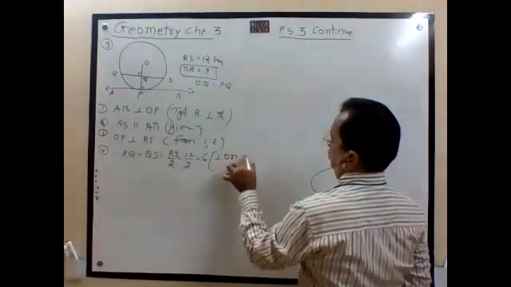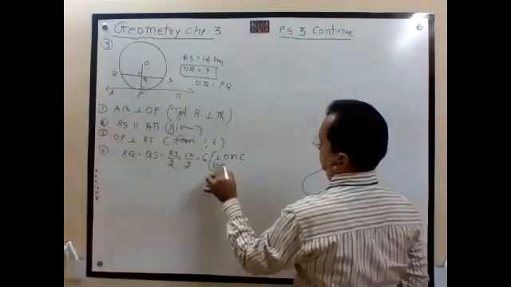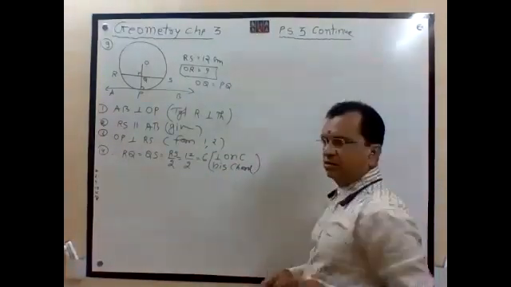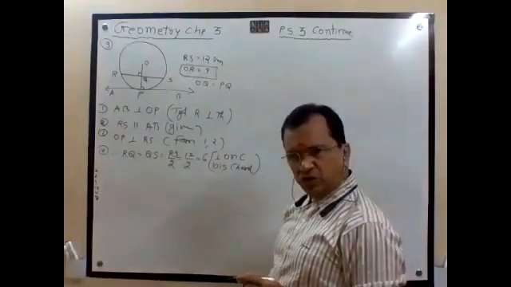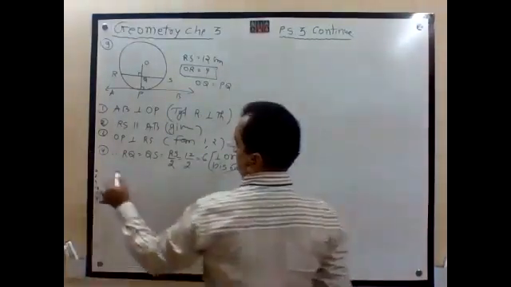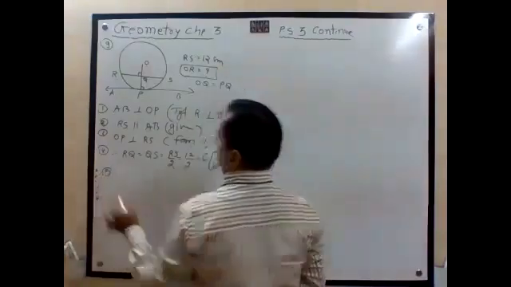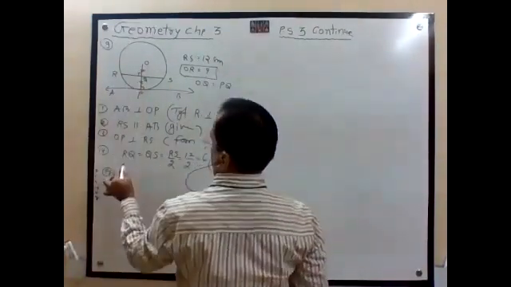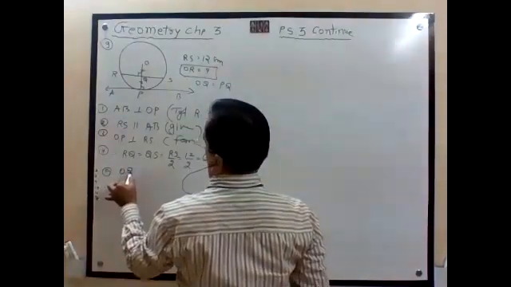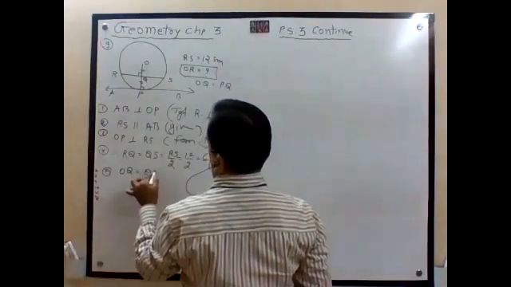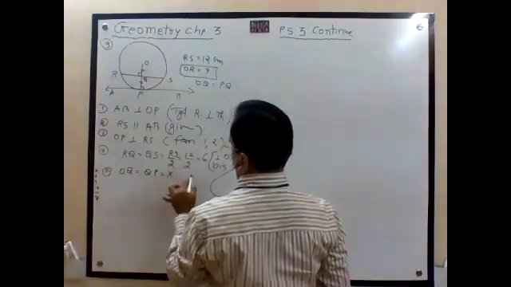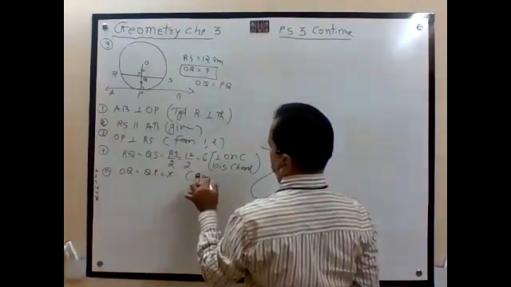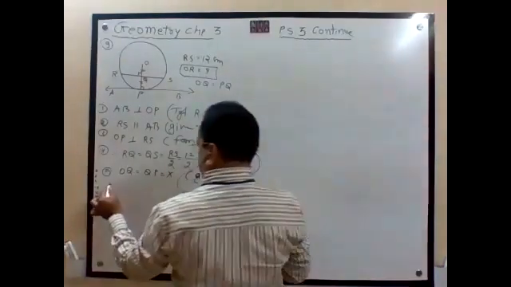A perpendicular drawn on a chord bisects the chord. These are also equal. OQ is equal to QP is equal to x. Both are equal, that is given.